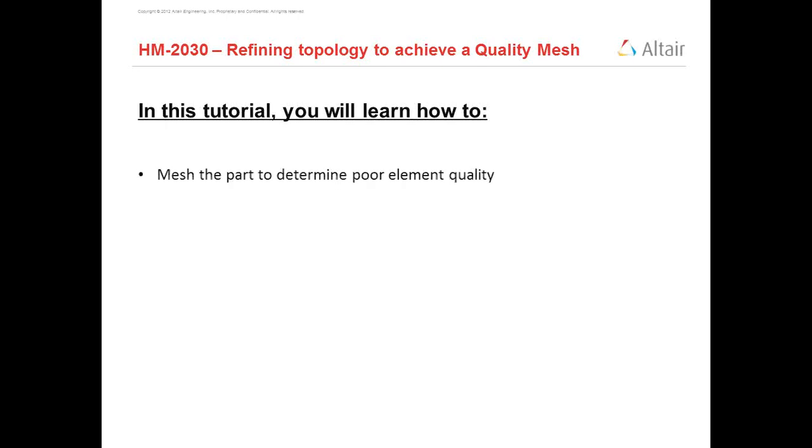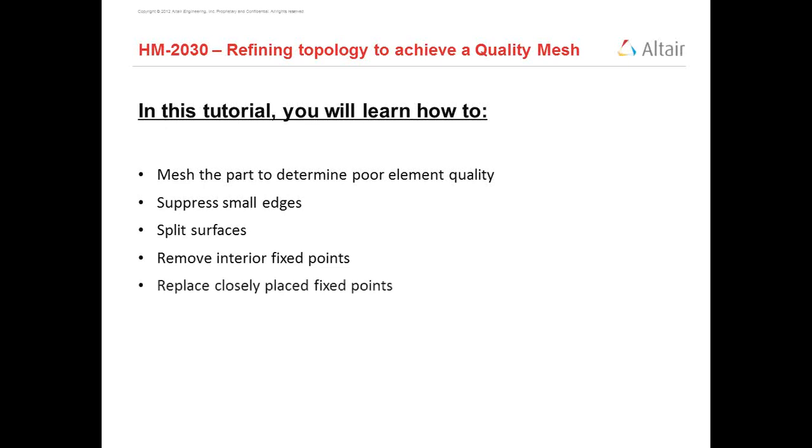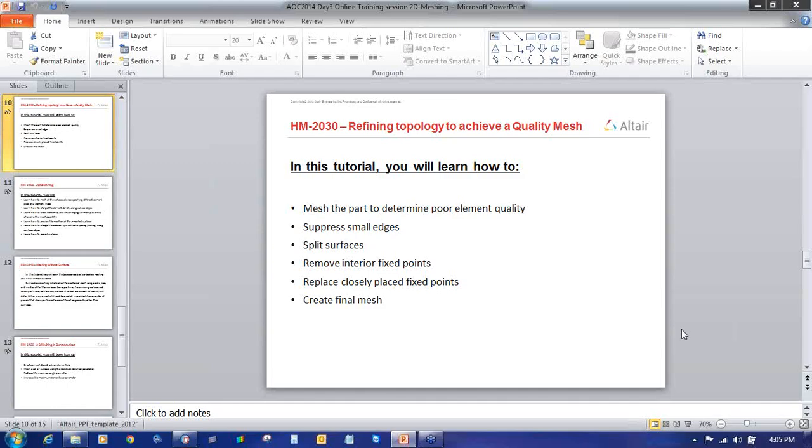In this tutorial we will learn how to mesh the part to determine poor element quality, suppress small edges, split the surfaces to get proper surfaces for the auto mesh, remove the interior fixed points, replace closely placed fixed points, that is surface points, and create the final mesh. In this way we will learn the different options for topologically refining.